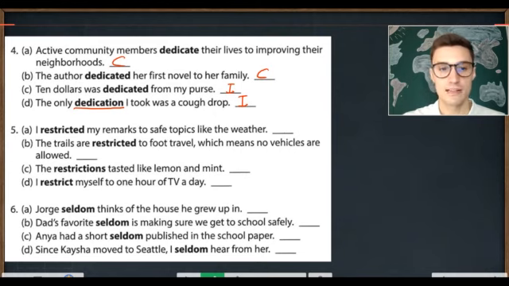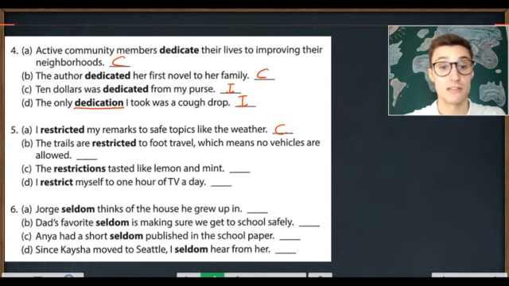Number 5A. I restricted my remarks to safe topics like the weather. So your remarks are things you say. You can restrict what you say. Correct. B. The trails are restricted to foot travel, which means no vehicles are allowed.